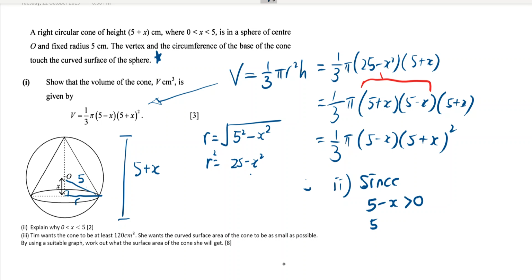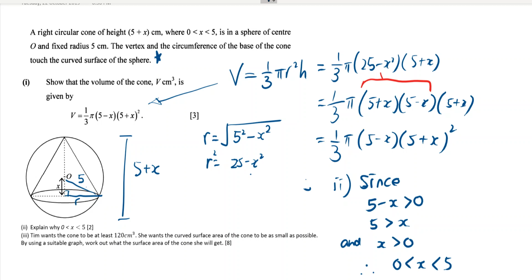So x must be smaller than 5. And x must also be greater than 0 because x is a length. Therefore x is greater than 0 and smaller than 5. This is how you explain. Always use since and therefore to explain your mathematical argument.